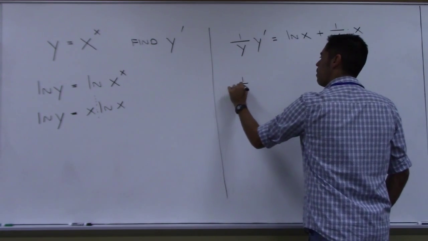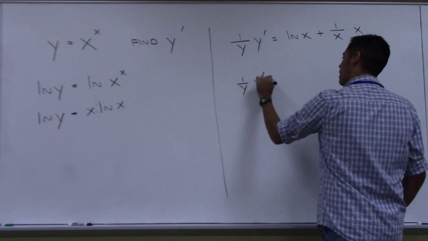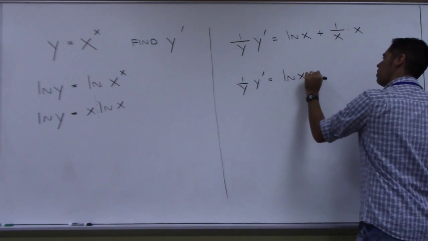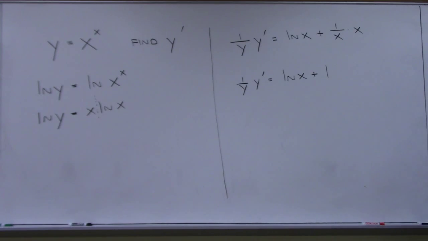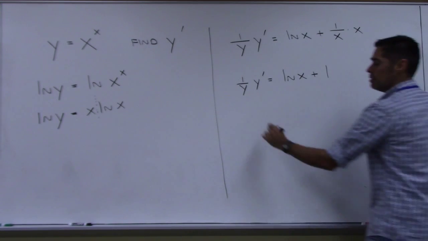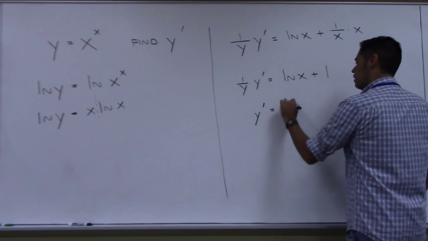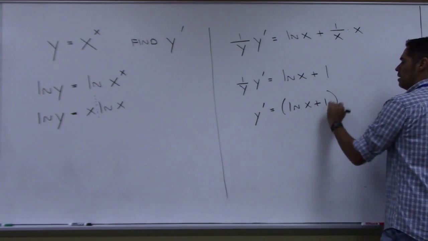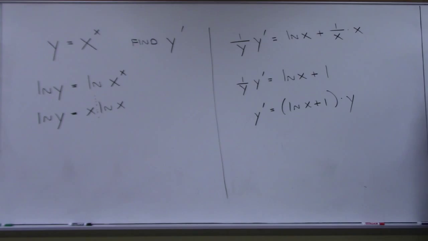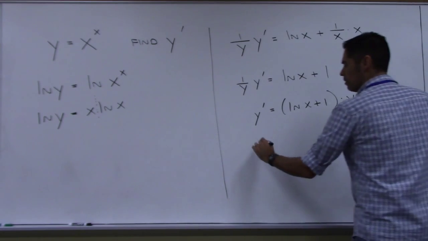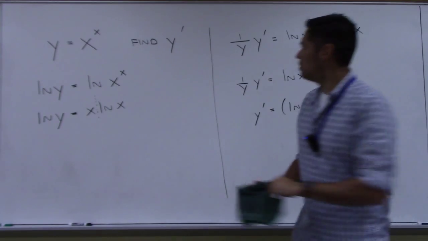So we get 1 over y prime, or 1 over y prime is natural log x plus 1. Multiplying both sides by y at this point, you get natural log x plus 1 times y. And now replace y with whatever y was, which is x to the x.